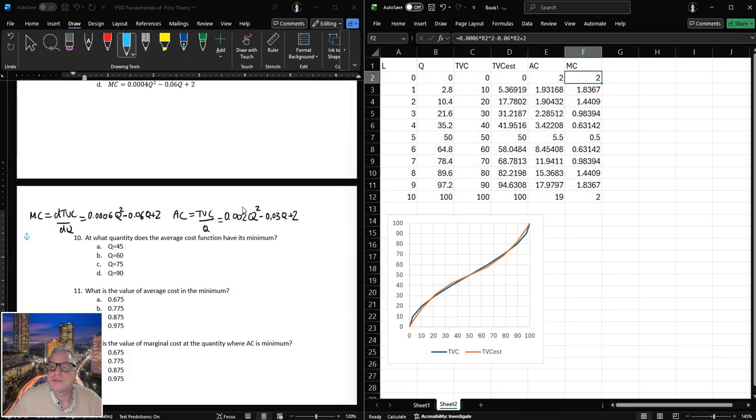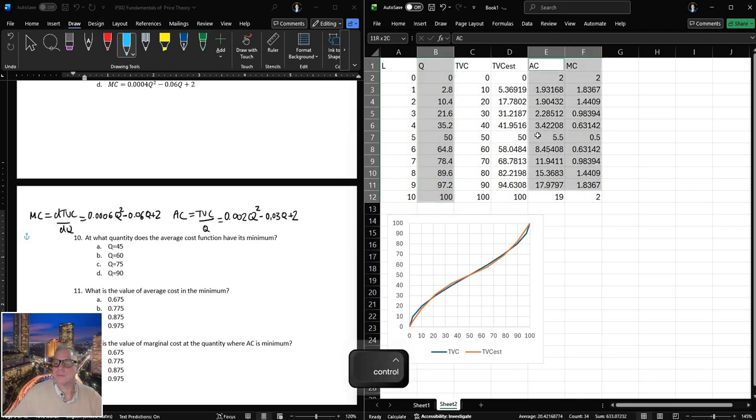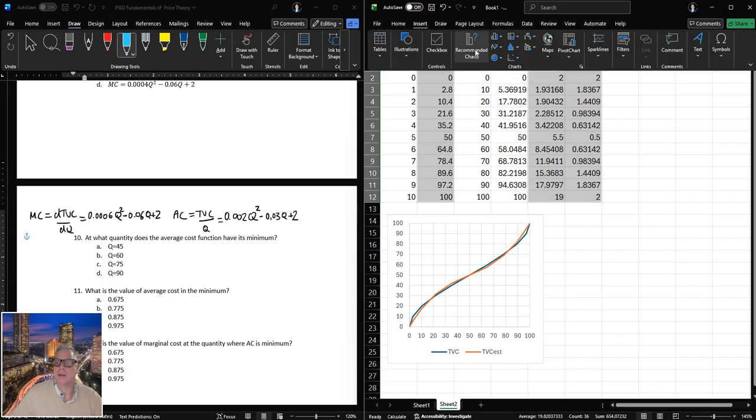Marginal cost: 0.0006 times Q squared minus 0.06. Actually, it looks all correct. So let's take a look at it again.